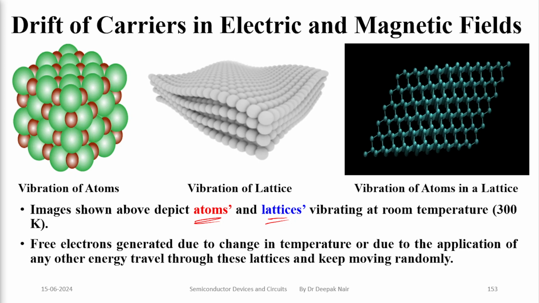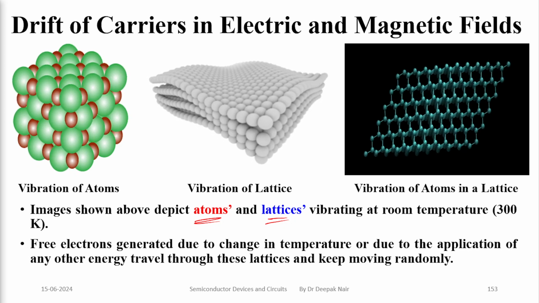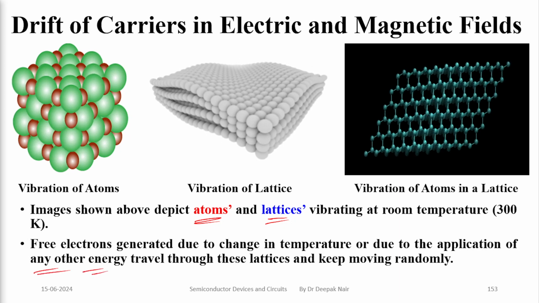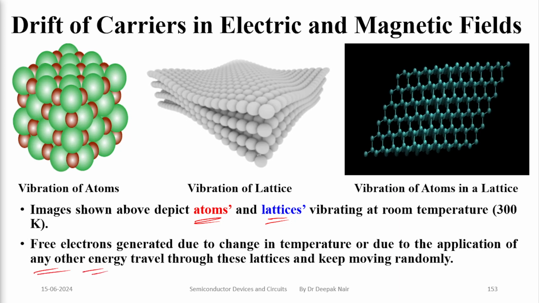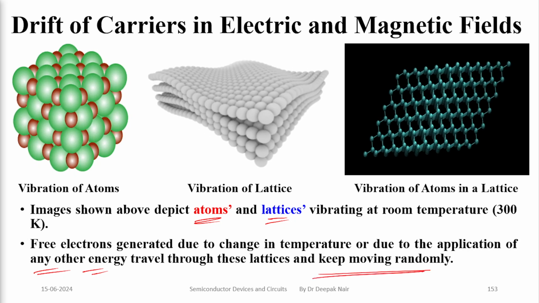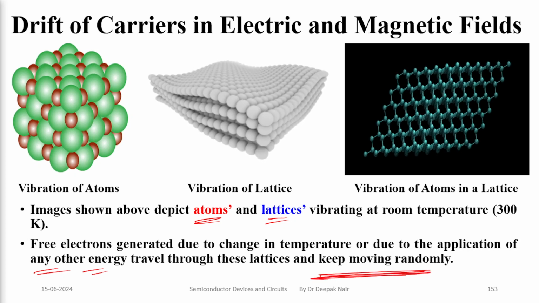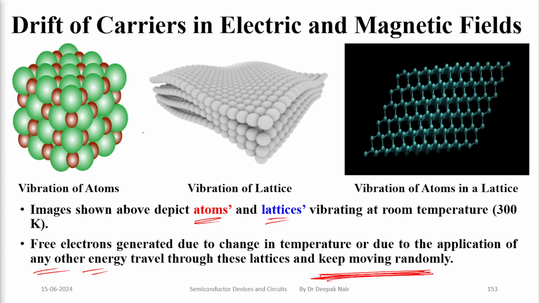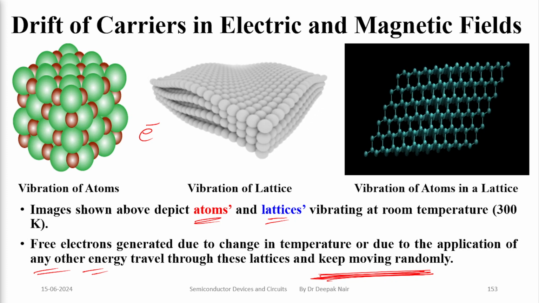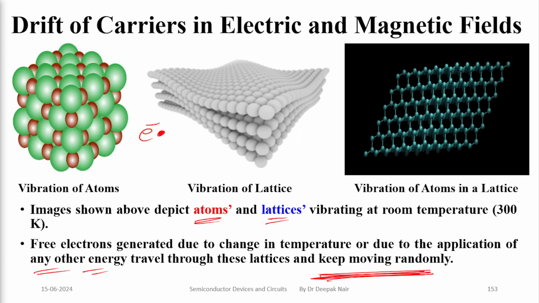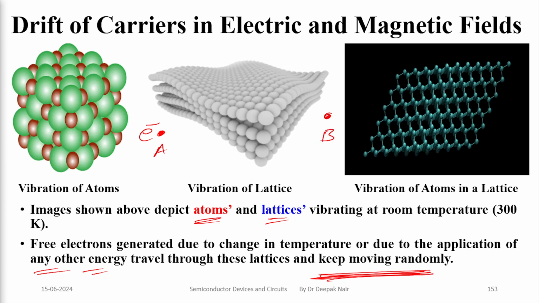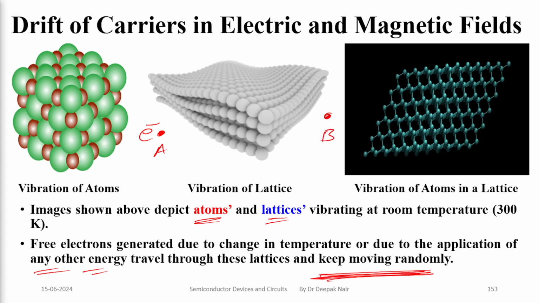Secondly, free electrons generated due to change in temperature or due to application of any other external energy will travel through these lattices and keep moving randomly. Remember, they keep moving randomly. Suppose we can visualize it like this. Suppose we have an electron, and if the electron has to travel from this point, A, to point B, it will not be able to travel in a straight line.